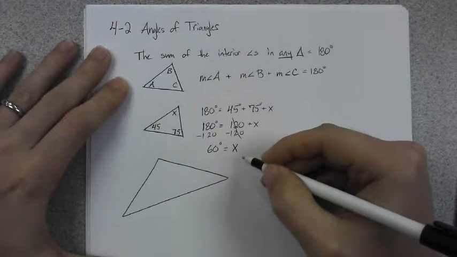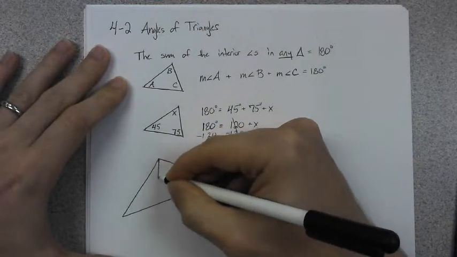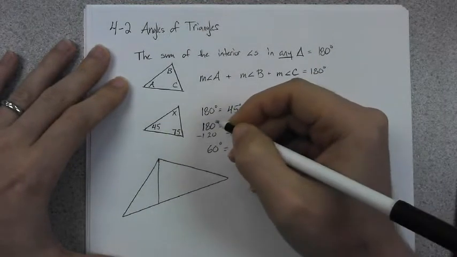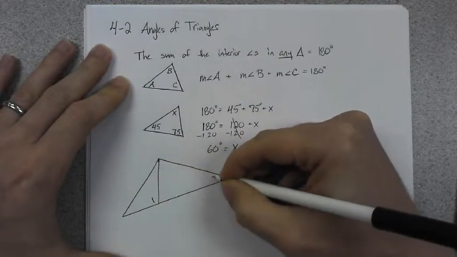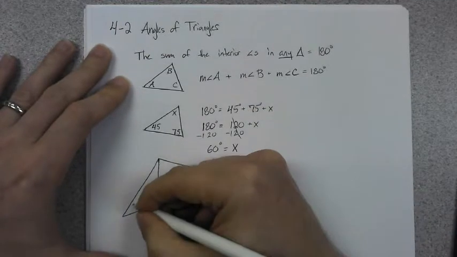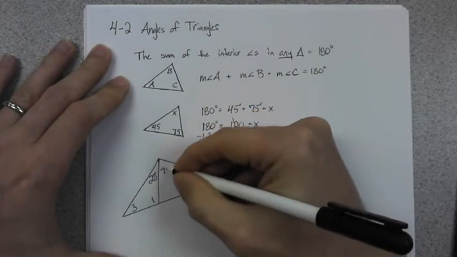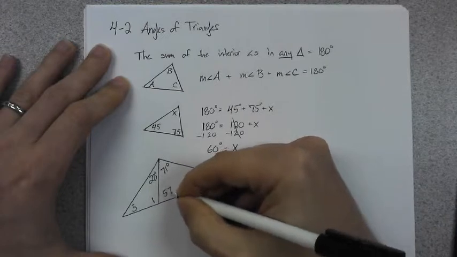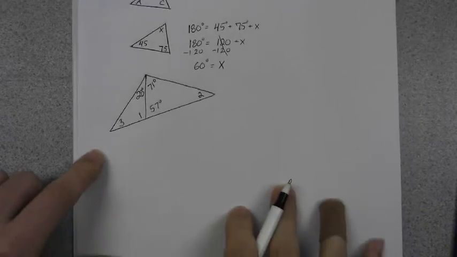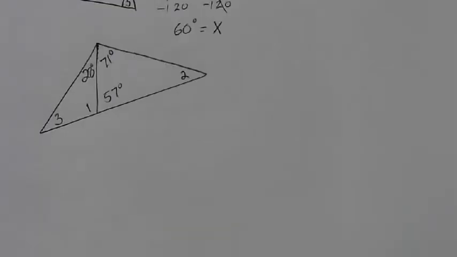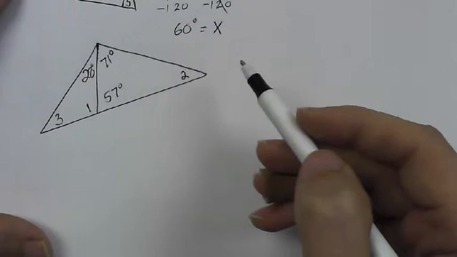So let's say we've got this right here, and let's say this is angle 1, this is angle 2, this will be angle 3, say this is 28 degrees, and this is 71 degrees, and this is 57 degrees, and we want to solve for the measures of angle 1, 2, and 3. Let me zoom in on this a little bit for you. Alright. So what we're going to do is go piece by piece using any information we have to solve it.